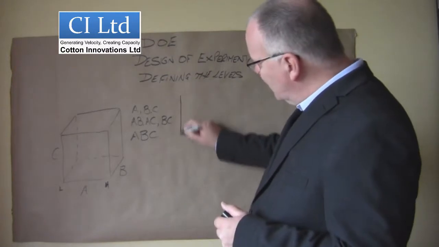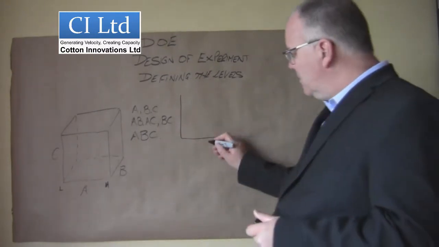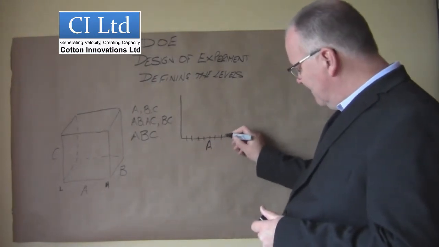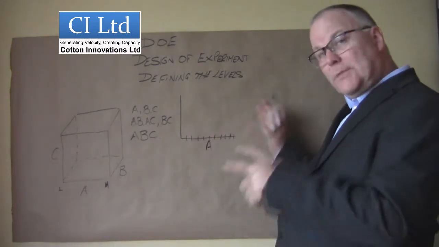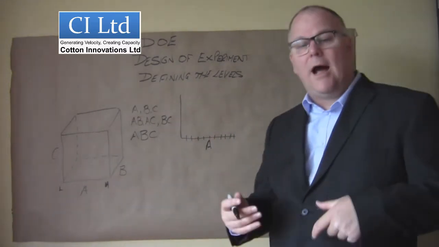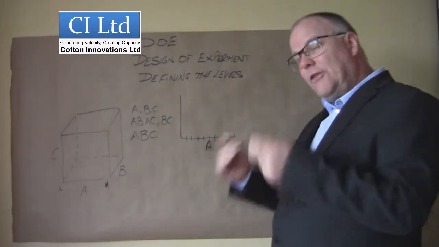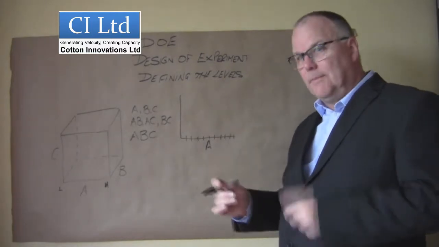So we need to first of all plot out those factors. So this would be factor A, and these might be my increments of factor A. I need to test it at this point, this point, this point, this point. So for example, we were talking about the thermal weld of a plastic form. That thermal weld will have a minimum temperature and a maximum temperature.